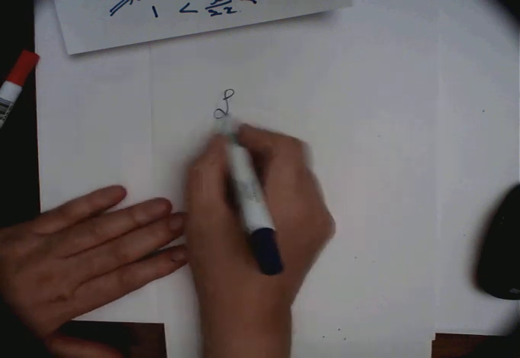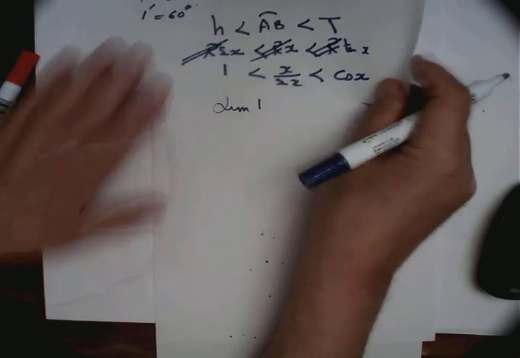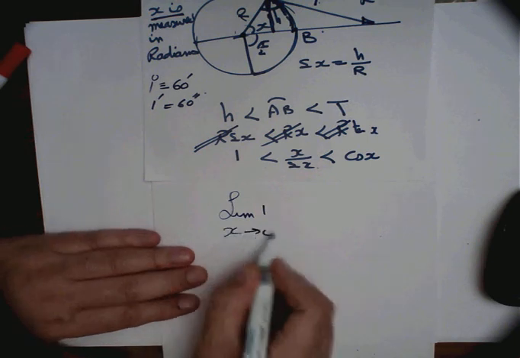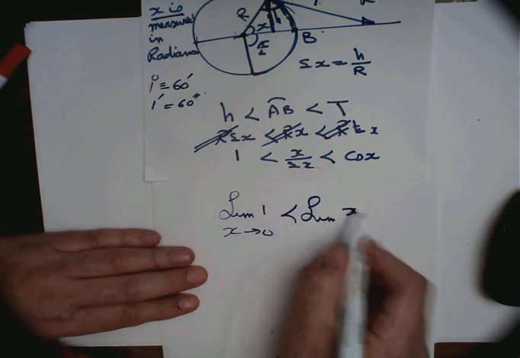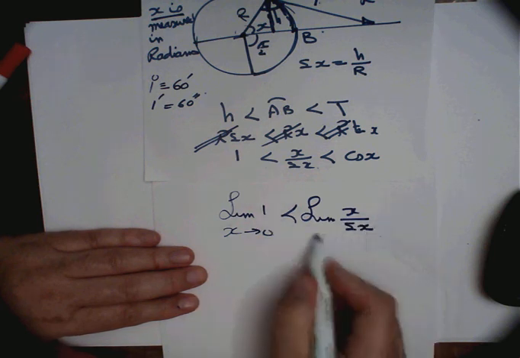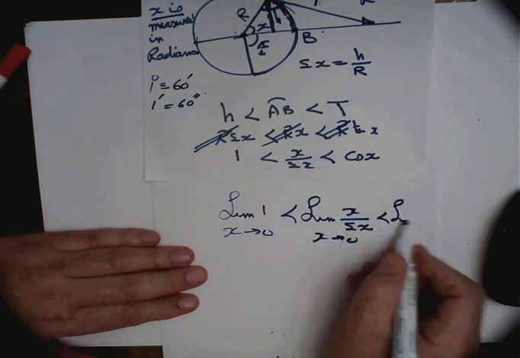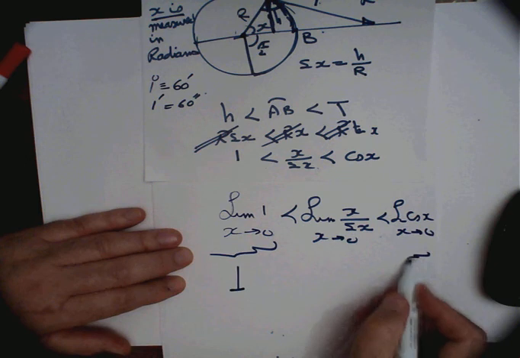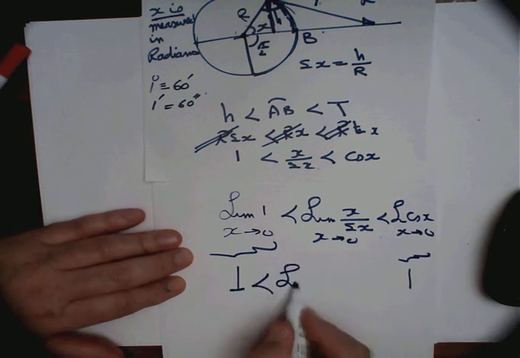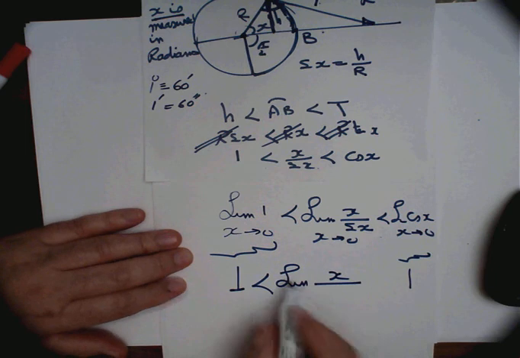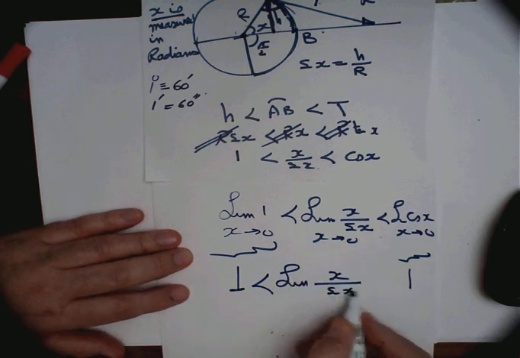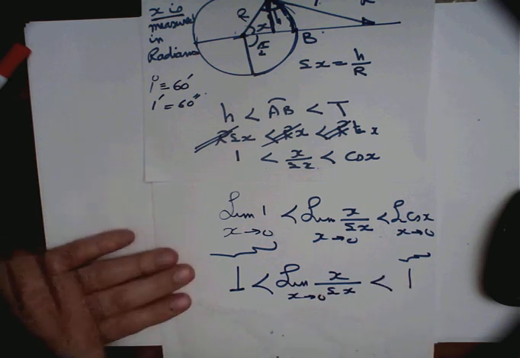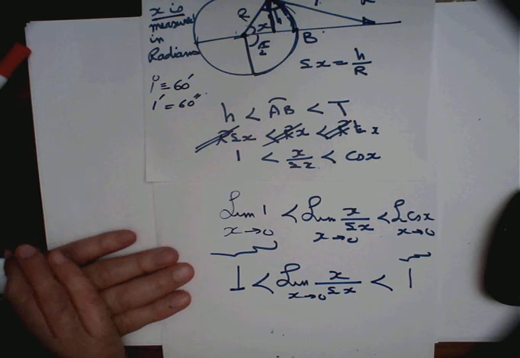So we have the limit of 1 as x approaches 0, less than the limit of x over sin x as x approaches 0, less than the limit of 1 over cosine x as x approaches 0. This quantity is 1, and this quantity is 1. So we have a limit which is restricted between 1 and 1, bounded by two equal values, 1 and 1.